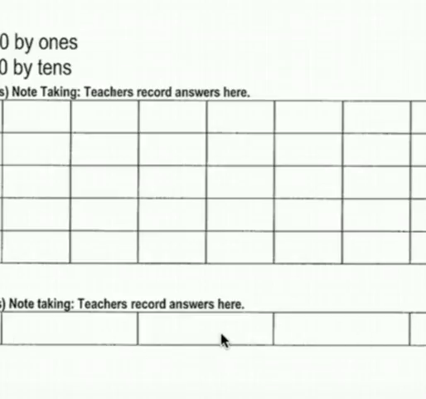So if you have completed all the rest of your assessment at this time, you need to put your pencil down and count to yourself. Do not write anything. Count to yourselves up to 50 by ones. And then in this section here, I want you to think and I want you to practice counting to 50 by tens so that I can record your answers.